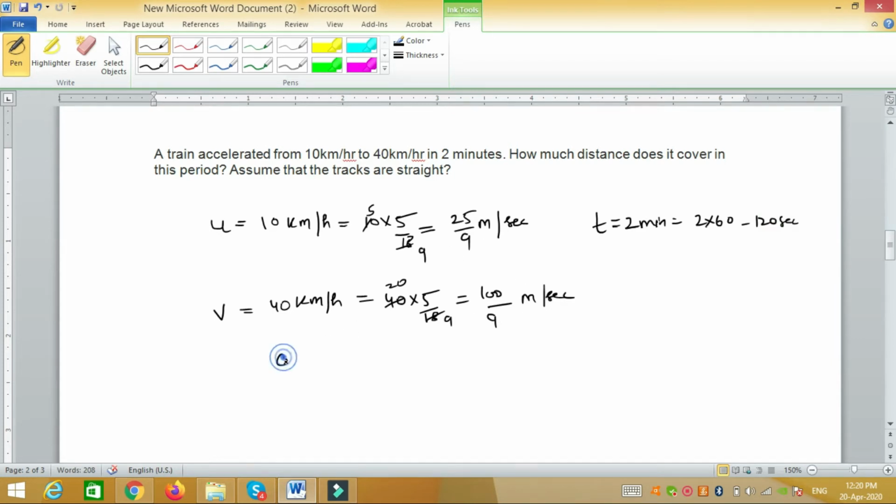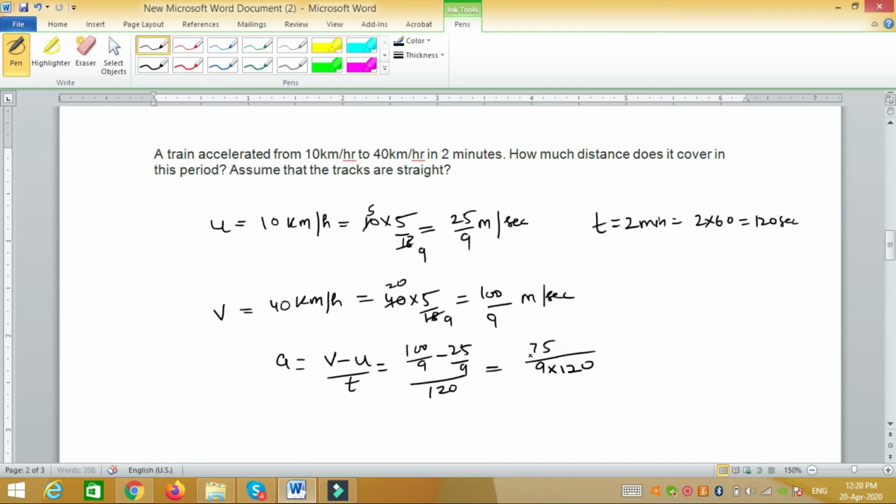Now first of all you have to calculate the acceleration, which is v minus u by t. Very simple. That is 100 by 9 minus 25 by 9, and time is 120 seconds. So this would be 75 by 9. A very common mistake that students generally make is they keep this 120 upstairs, although it is in the denominator. So this is very important.